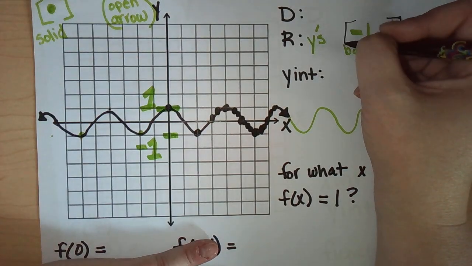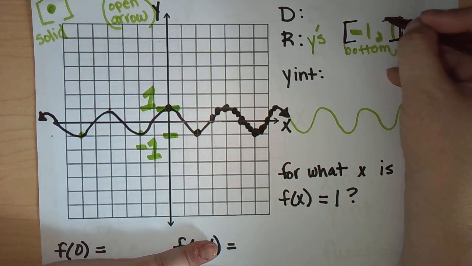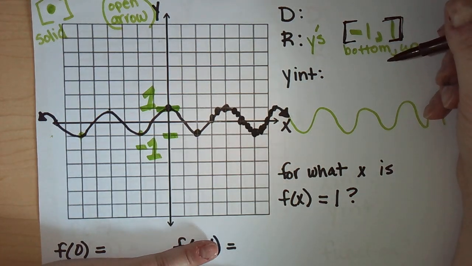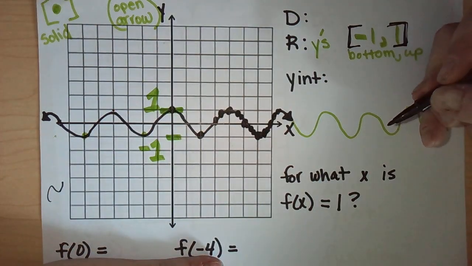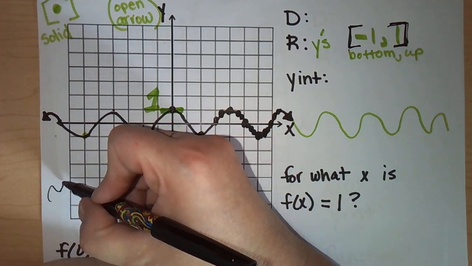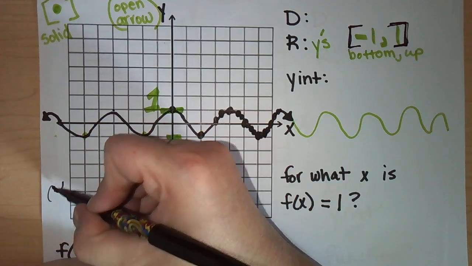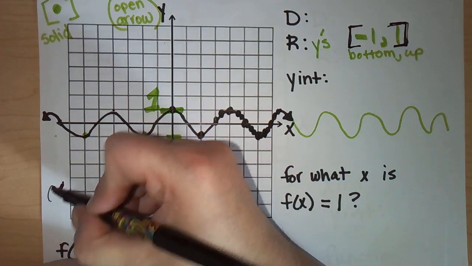So our bottomest y value actually has a bracket also. So that was kind of tricky. If you have a curve and there's not an open hole on it, if there's not an arrow, then it's made up of thousands of bagillions of trillions of closed holes.